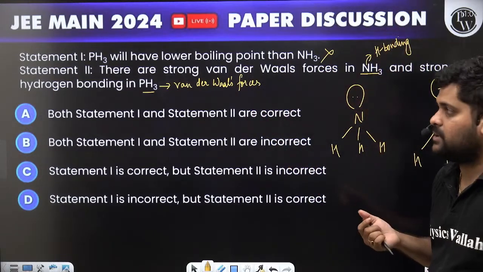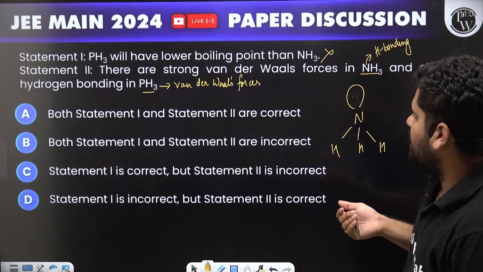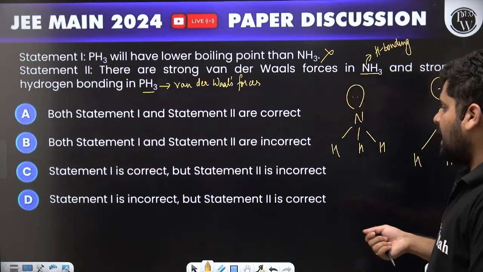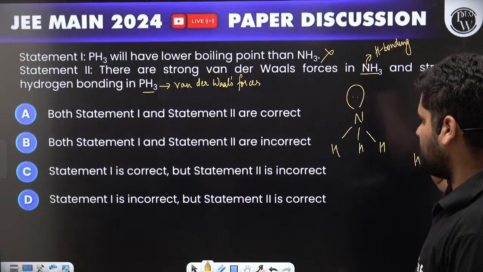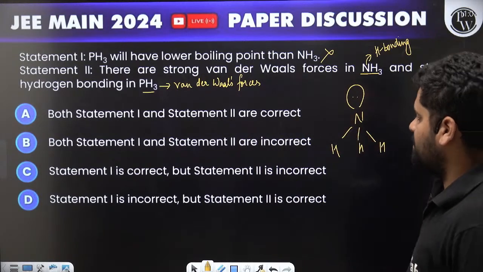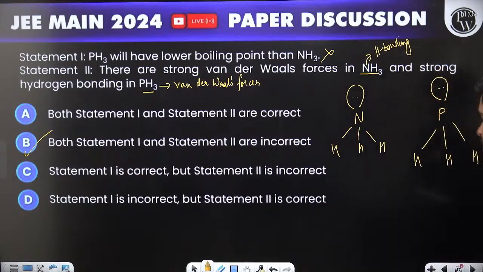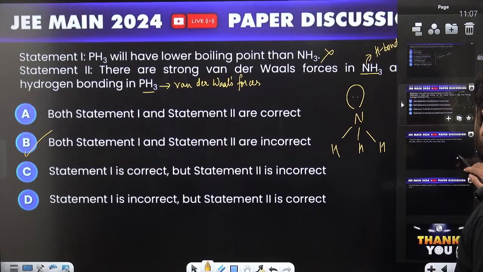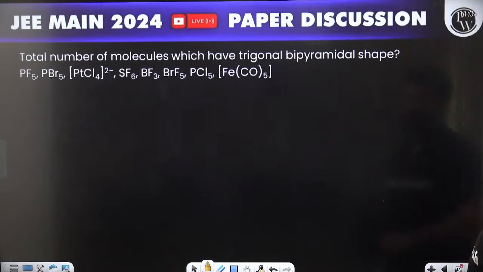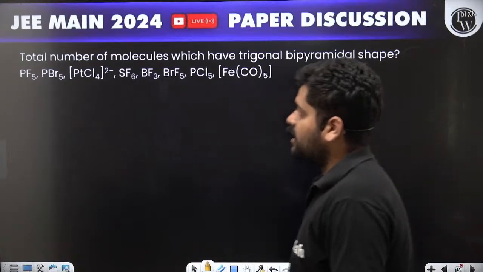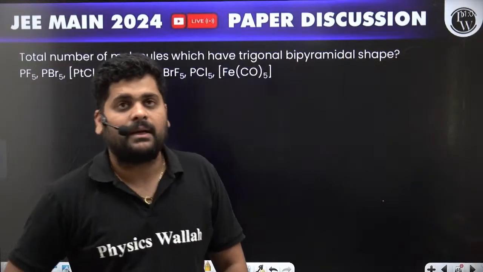So this is also wrong, isn't it? So statement 1 and statement 2 both are incorrect. So which option do we have? Both statement 1 and statement 2 are incorrect. The correct answer is option B. B for ball. Right?